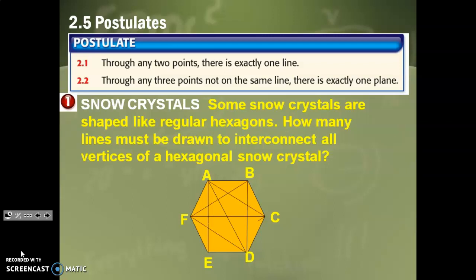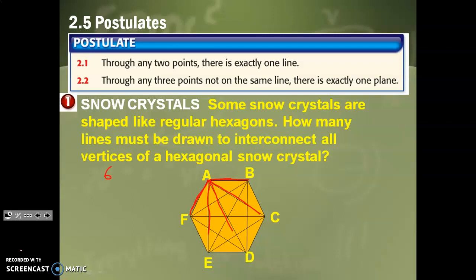But instead of just counting each line one at a time, I want to see if there's a system. And we actually are counting these lines that are going to AF and AB also. So how many lines are coming from A? Well, there's 1, 2, 3, 4, and 5.